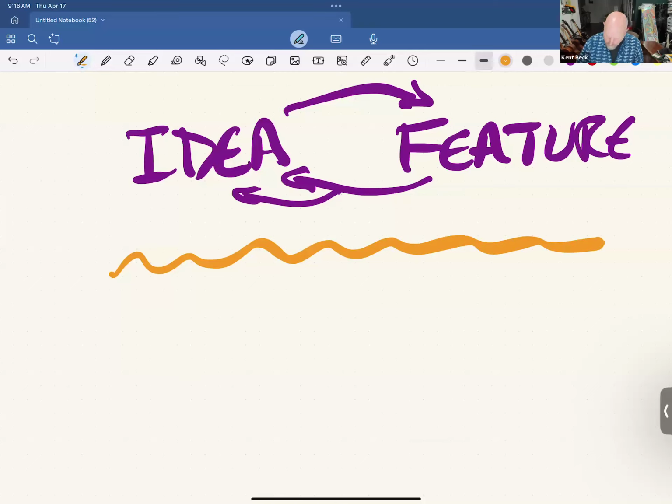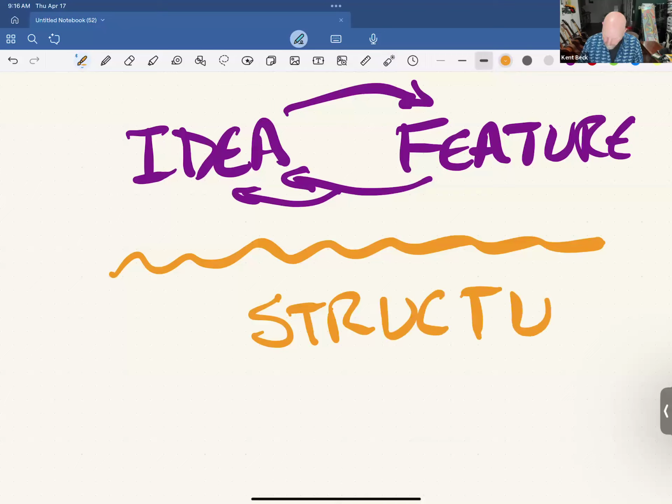That process of going from idea to feature can be very different depending on the structure of the software. If I have to go implement a feature, but I have to change 10 different files and I probably spawn 20 more bugs, that's very different than if I can go to one location, make one change, and then the feature is implemented.